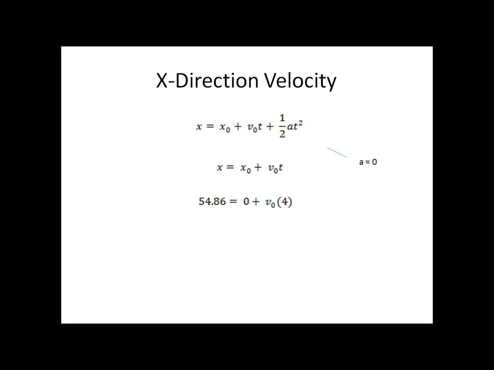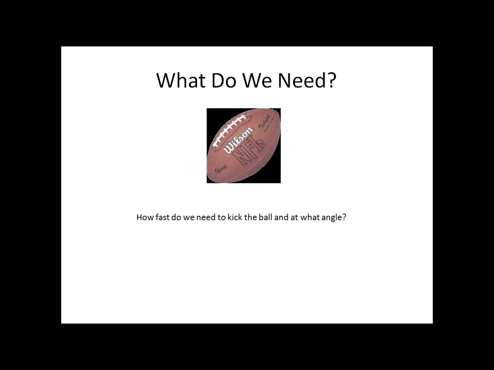The final x position is 54.86, the initial is 0, and the time is 4 seconds. That means the velocity is 13.72 meters per second in the x direction. Let's remember, this is the x direction's velocity only. We still need the y direction. So once again, what do we need? How fast do we need to kick the ball, and at what angle?